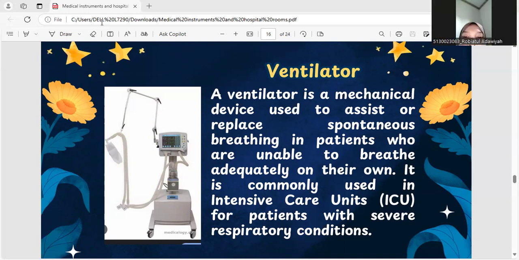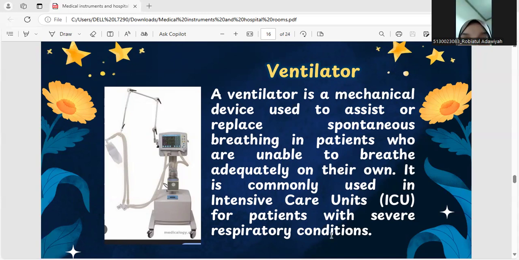And next, ventilator. A ventilator is a mechanical device used to assist or replace spontaneous breathing in patients who are unable to breathe adequately on their own.